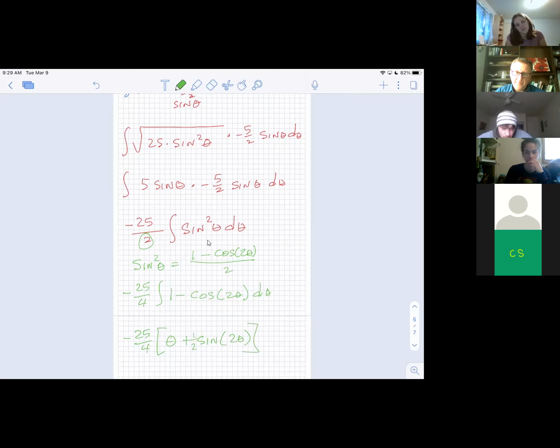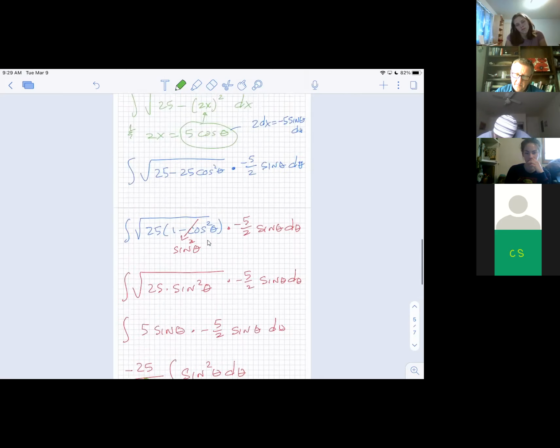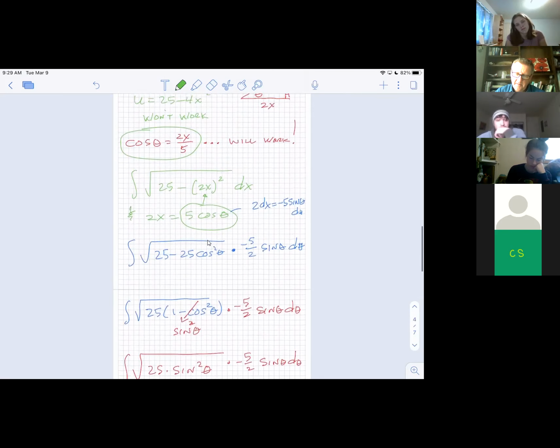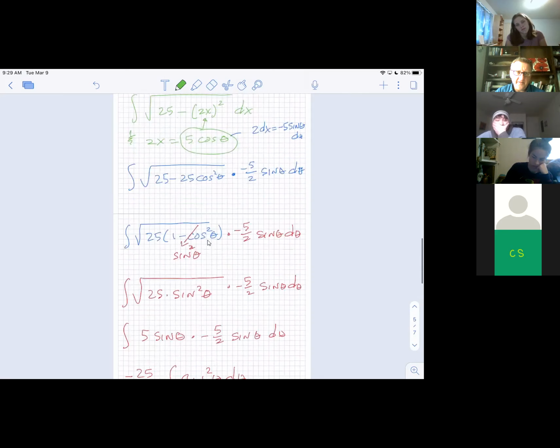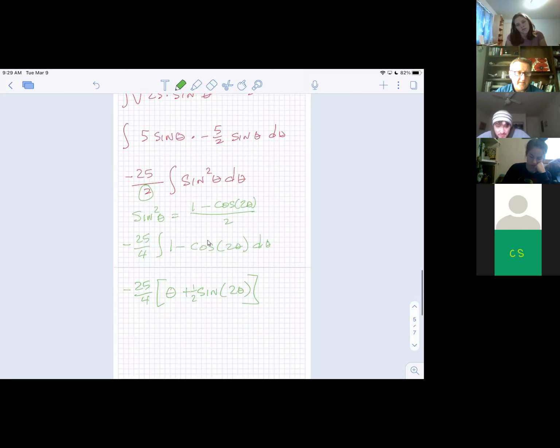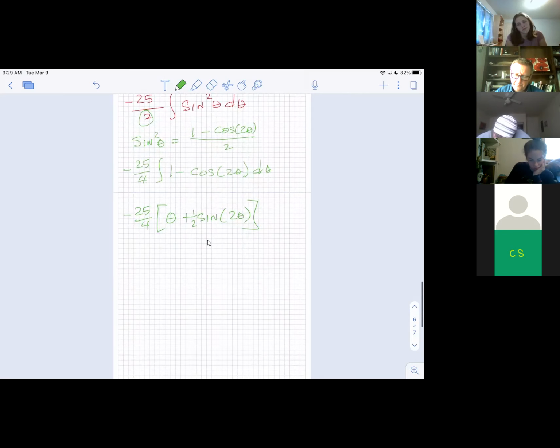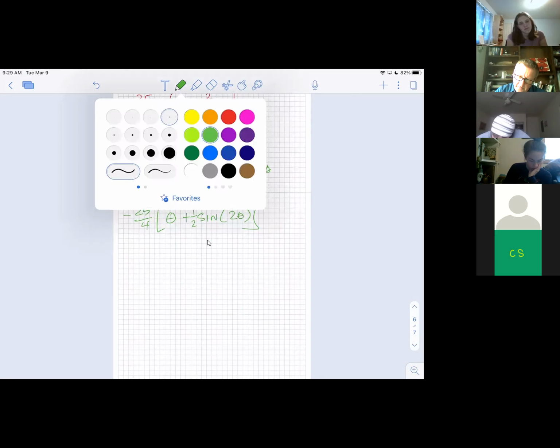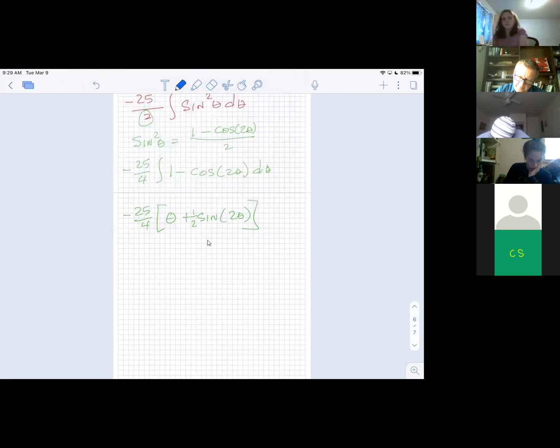Well, not done, because remember there was never any thetas in this problem. I need x's back. So what was it? We said that 2x was equal to the 5 cosine of theta. That was our translation between the two worlds.